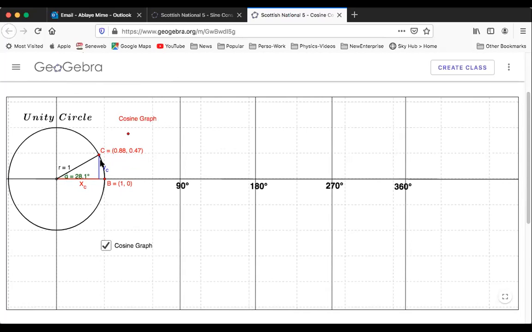So that means to get half, I need to be at 60 degrees here. So if I was to go cosine of 60, you will get 0.5, whereas when it was sine of 30, we got 0.5.